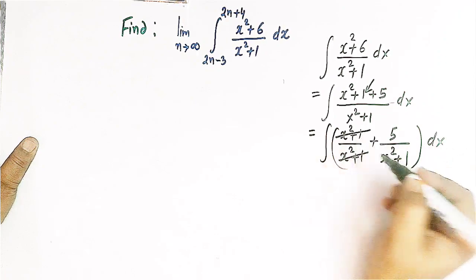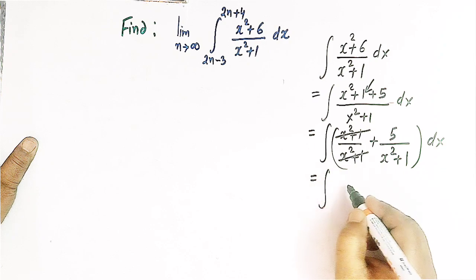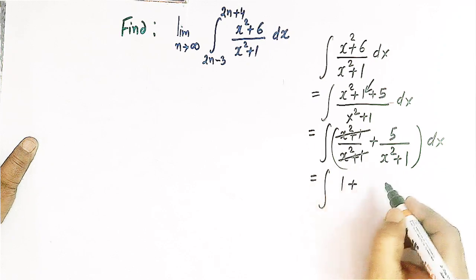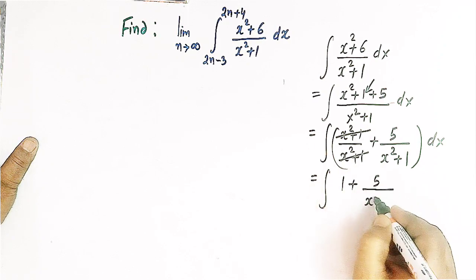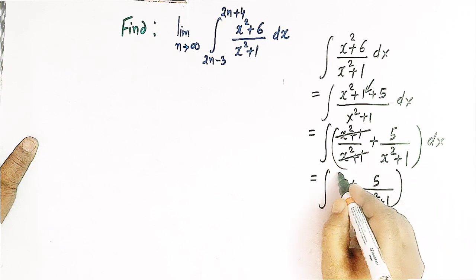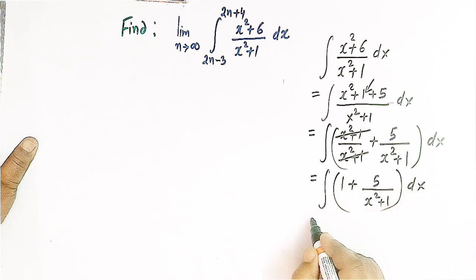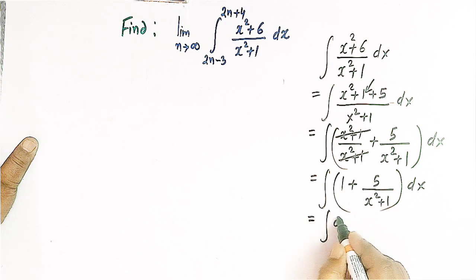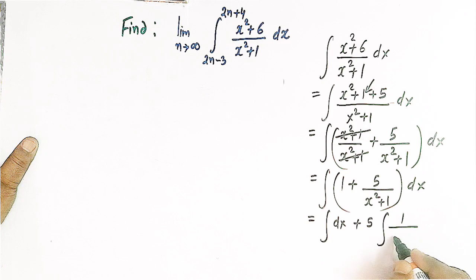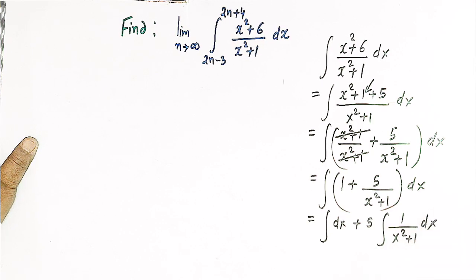Now these two terms get cancelled, so we have the integral of 1 plus 5 over x square plus 1, dx. Now we have the integral of dx and 5 times the integral of 1 over x square plus 1 dx.